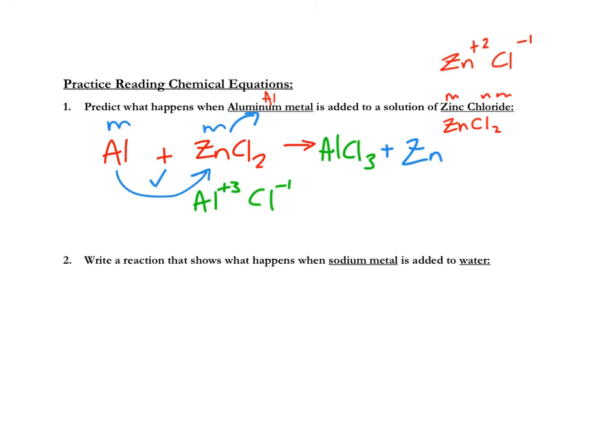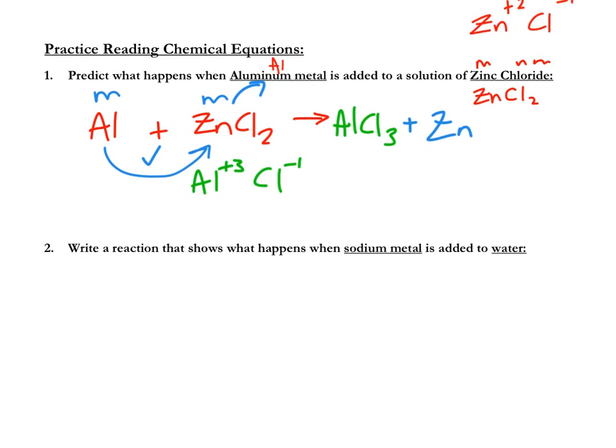So number 2 says, write a reaction that shows what happens when sodium metal is added to water. So sodium metal, sodium is Na, and water we know is H2O. So what happens when sodium and water react?